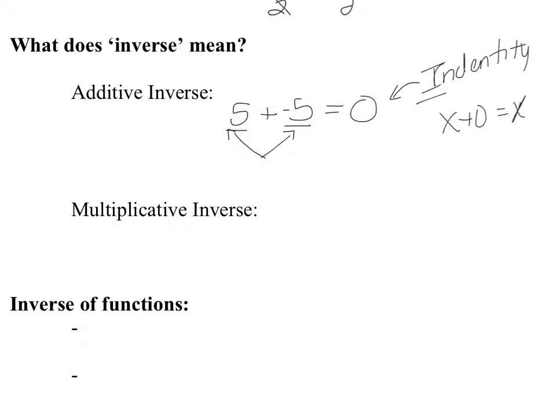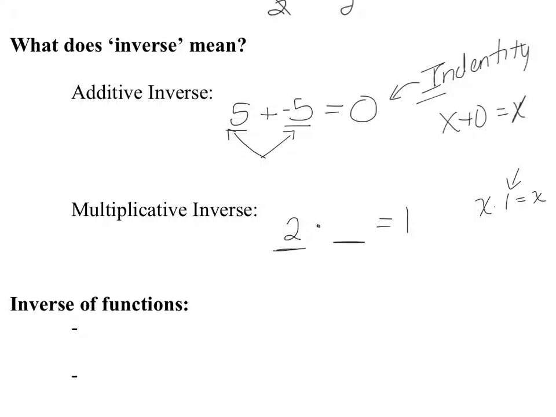Multiplicative inverses use the idea of division. Multiplicative inverse means two things multiplied together equal the multiplicative identity, which is 1. The multiplicative identity is 1 because anything times 1 keeps its identity. Whenever you multiply times 1, it doesn't do anything.